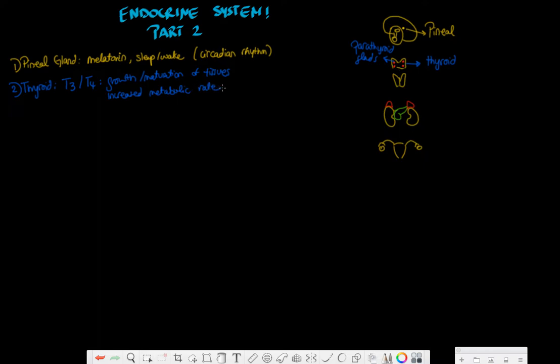Now, the thyroid gland is also going to release another hormone that we call calcitonin. This is very important because it's involved in maintaining calcium homeostasis in the body. Calcitonin is going to lower serum calcium levels. So when your body detects high calcium levels, calcitonin is released to drop those levels.